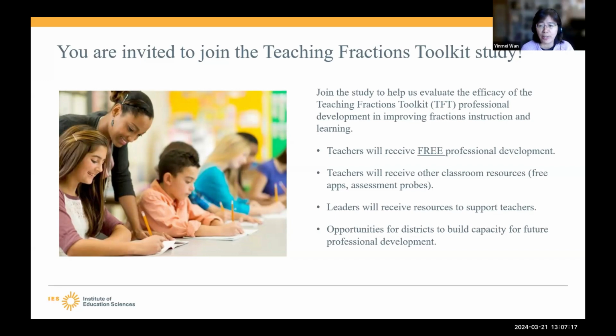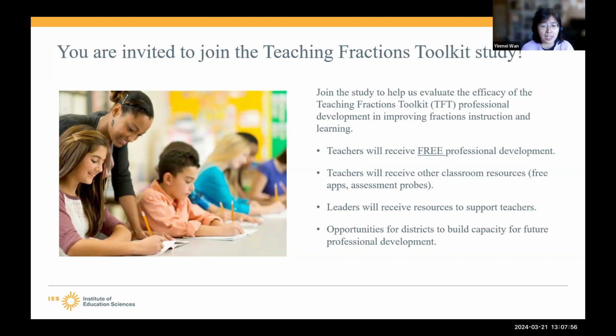During the 24-25 school year, we will be conducting a study to further evaluate the efficacy of the toolkit, professional development, and resources. Through participating in the study, your grade 6 math teachers will receive free professional development on evidence-based instruction. Teachers also will receive other classroom resources to support their implementation of those strategies, such as free interactive apps, assessment routines, and student tasks.